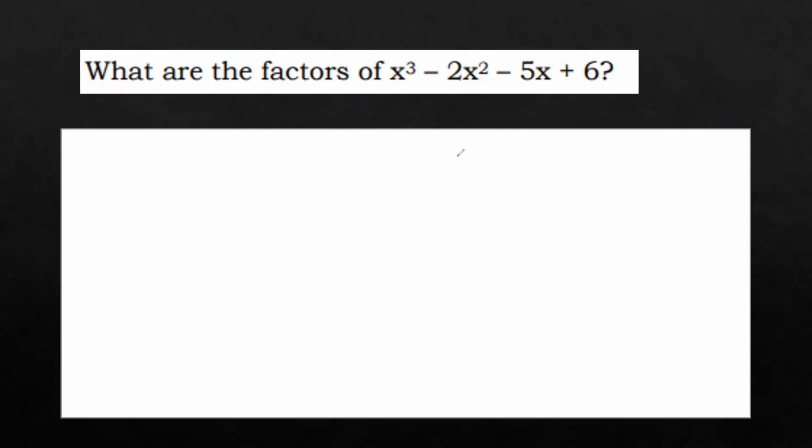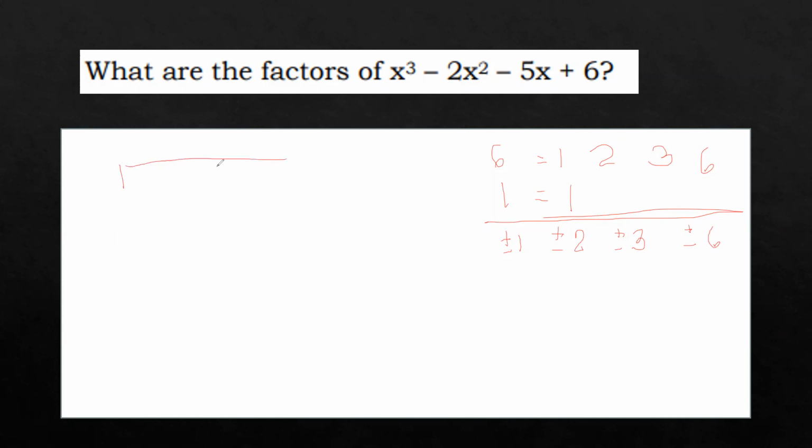So katulad ng ginamit natin kanina, 6 and 1. So that is 1, 2, 3, and 6 for 6. Sa 1 naman ay 1. So ibig sabihin, ang possible factors natin ay positive, negative 1, positive, negative 2, positive, negative 3, and positive, negative 6. So dyan lang sa anim na yan, pipili tayo ng possible answer.